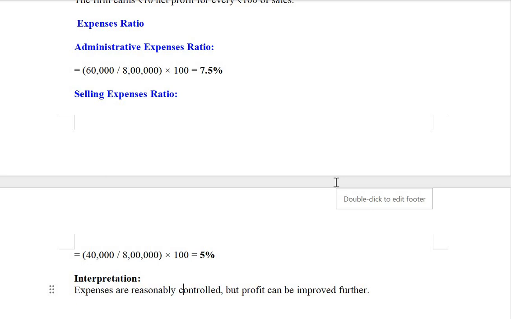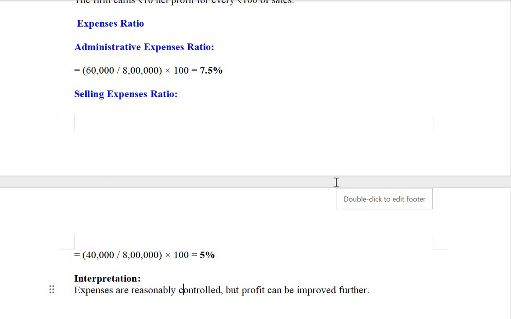So we can calculate ratios like this. We can download the financial statements of a real-time company, calculate the ratios using the formulas, and write an interpretation for the company. When you are doing a finance project, one of the tools you can use for analysis is ratio analysis.